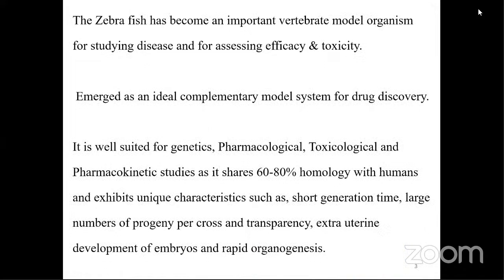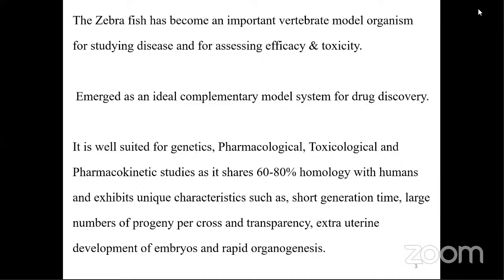Following that, on the slide: the zebrafish has become an important vertebrate model organism for studying disease and for assessing efficacy and toxicity. It has emerged as an ideal complementary model system for drug discovery. For your kind information, it is well suited for genetics, pharmacological studies, toxicological studies, as well as kinetic parameters.